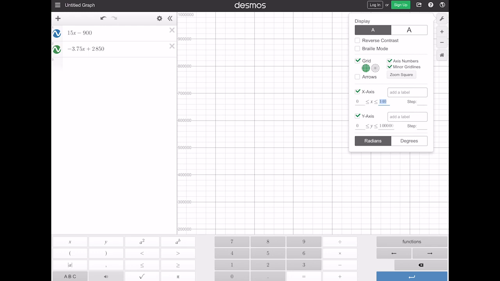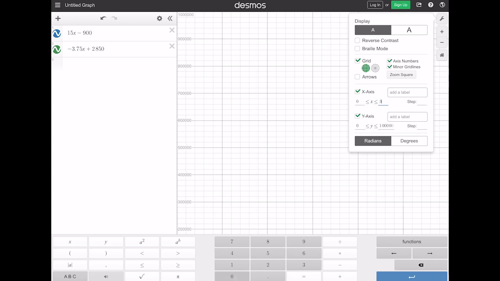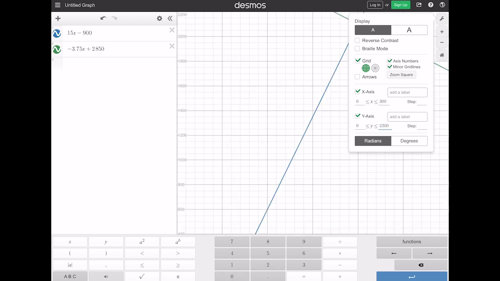So X is 200, but I like to go a little bit more. I'm going to make X 300. And my Y, if you'll remember, would go from 0 to the number of smartphones, which was 2,100. So I like to go a little bit above that. So we'll go to 2,200.